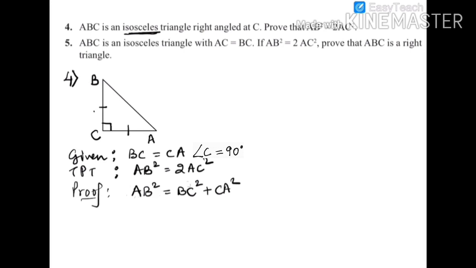But we are given that BC is equal to CA. So we are going to replace BC by CA. So we get AB square equal to AC square plus AC square, which is 2AC square.